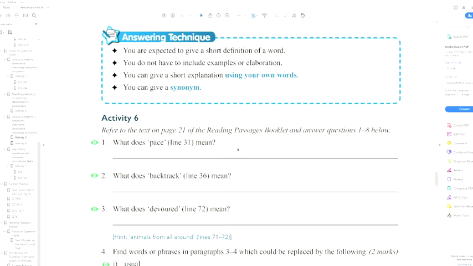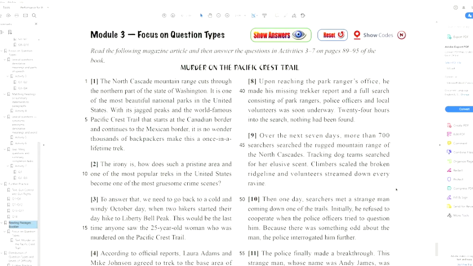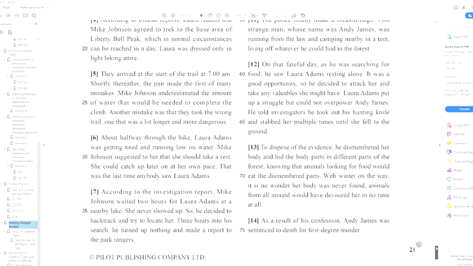Okay, now let's try, instead of multiple choice, try to write it in your own words. What does pace in line 31 mean? She could catch up later on at her own pace.